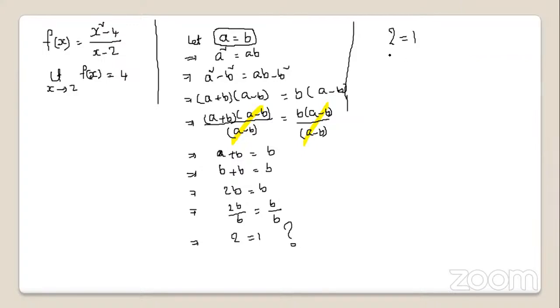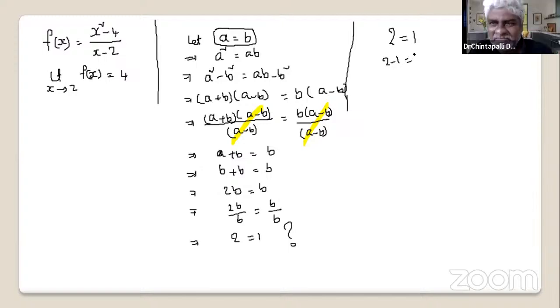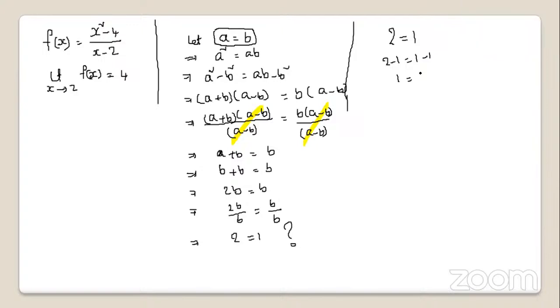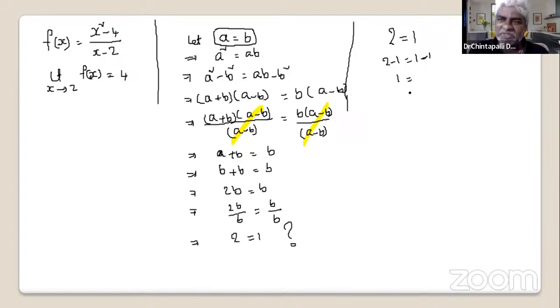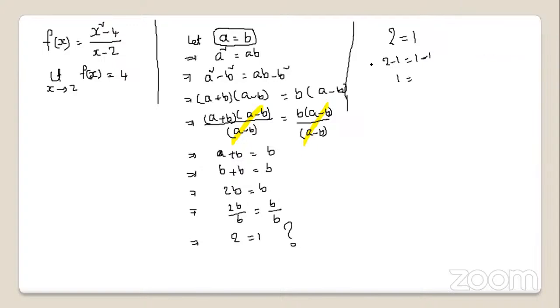What happens when we subtract 1 on both sides? 1 equals 0. 1 is equal to 0.